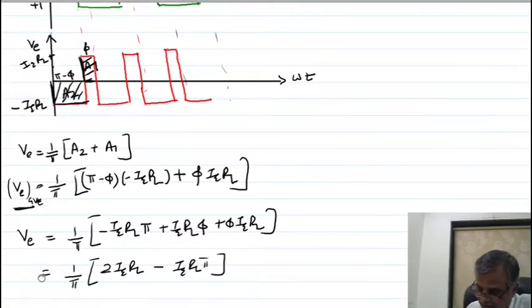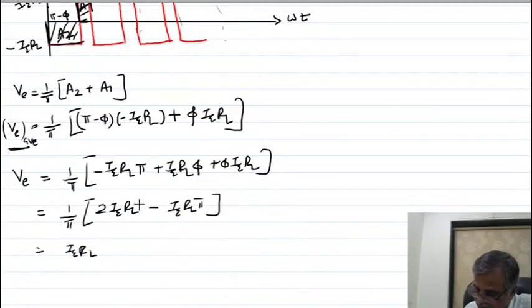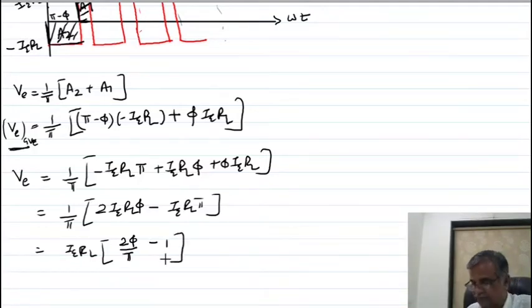So I am writing this value. This is phi I have to write. IRL common, 2 phi upon pi minus 1. This is the average value of the output of the phase detector.